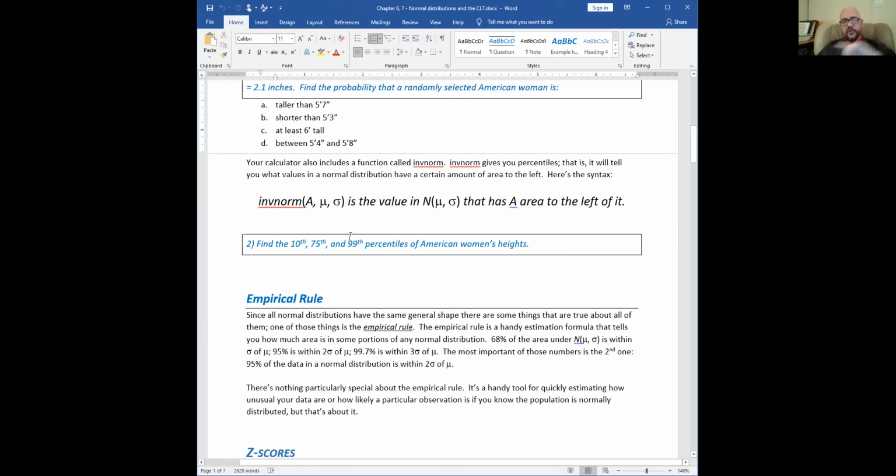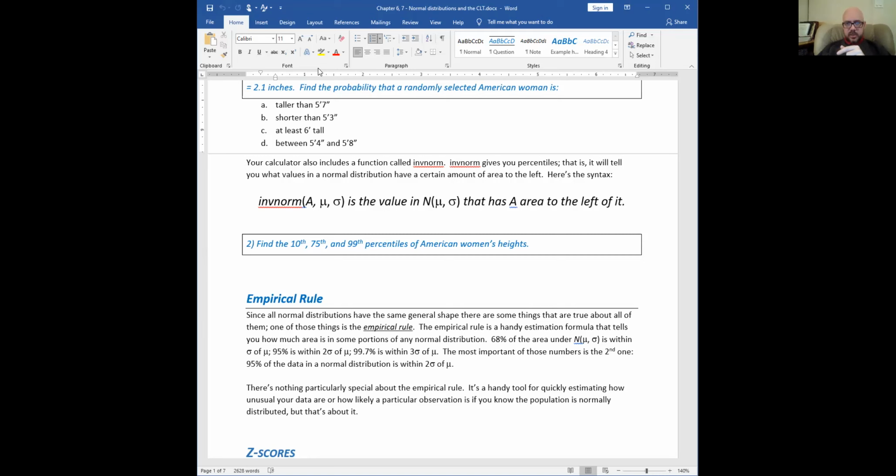So what you do is you put in how much area you want to the left of a certain number, and then your calculator tells you what the certain number would be that has that much area to the left. So let me help you visualize that, because I feel like I'm not saying that all that well, but it's pretty clear when you see it.